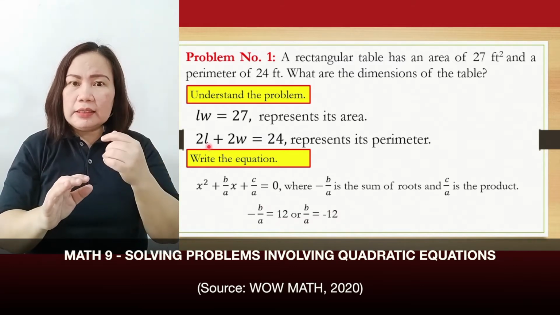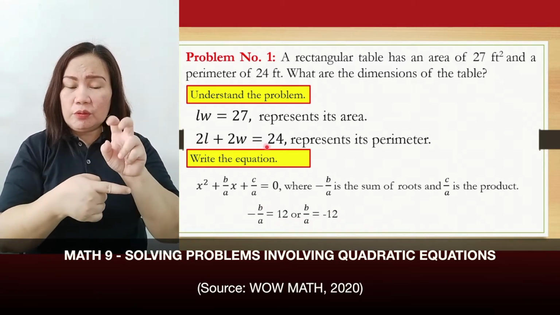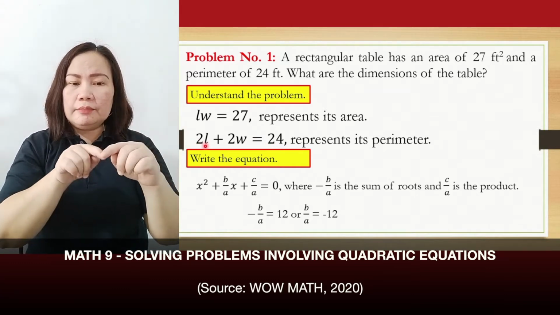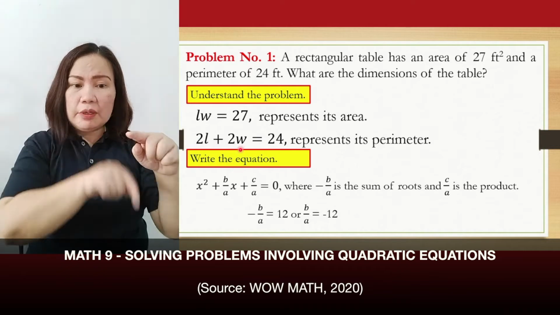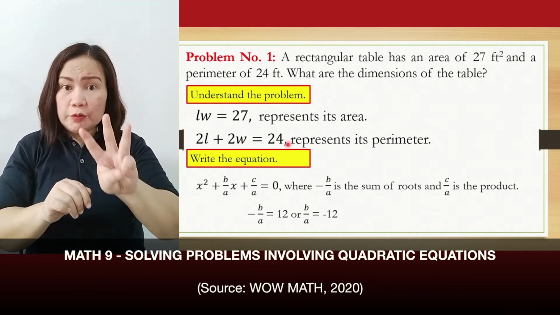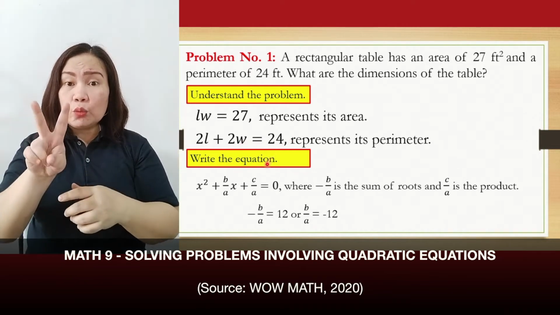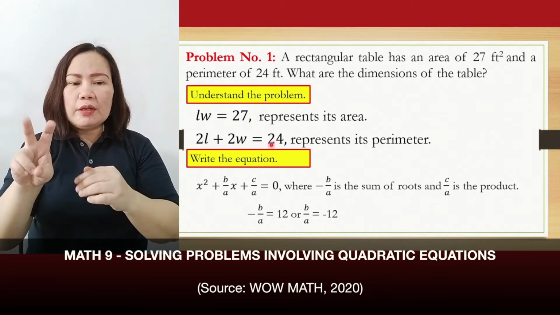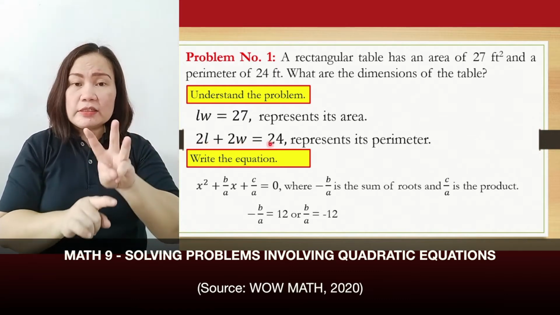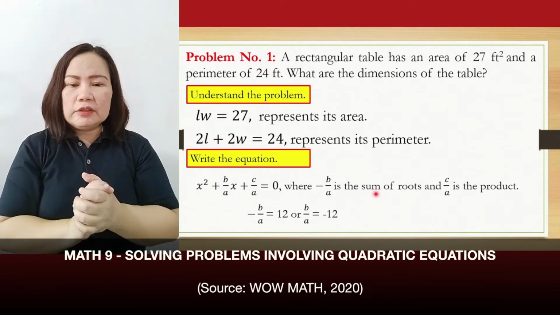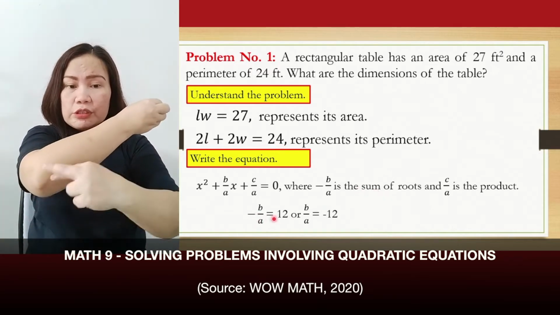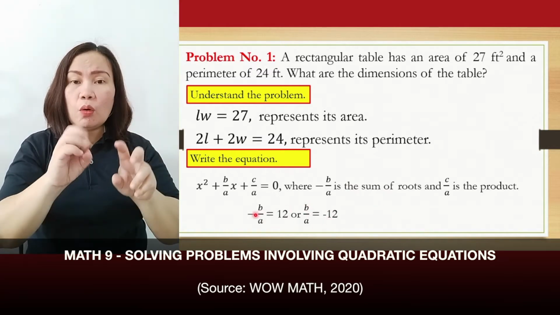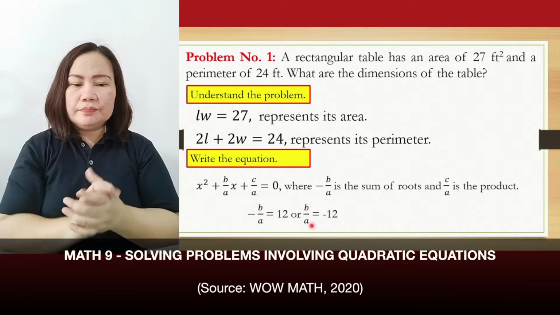Because we can divide this equation by 2. 2 divided by 2, that is length, and 2 divided by 2 again, that is width, and 24 divided by 2 is 12. Therefore, we will have L plus W is equal to 12, or length plus width is equal to 12. That's why we have the sum of the roots, which is 12 or negative 12. It depends if it's negative b over a or b over a.